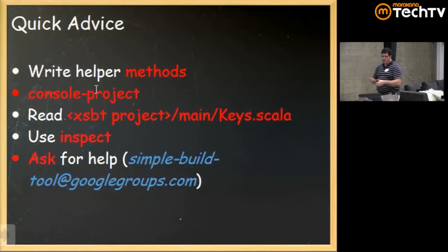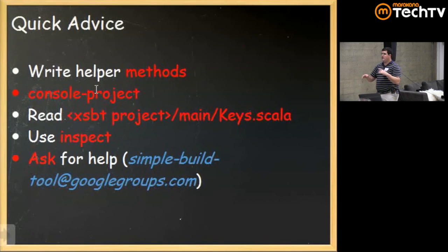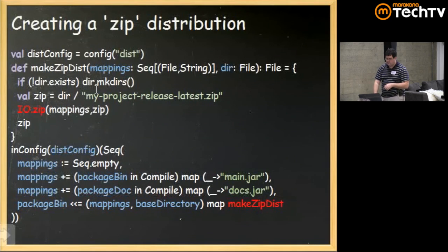Then I have to look through keys.scala and look for the appropriate keys and figure out how to map the settings in the build into my method to make the thing run, right? Then I can inspect those settings and figure out who has configured them, whether or not they're there, and set them if they're not set.